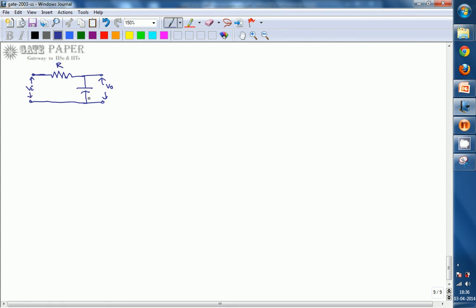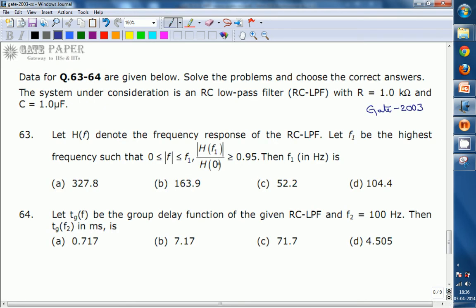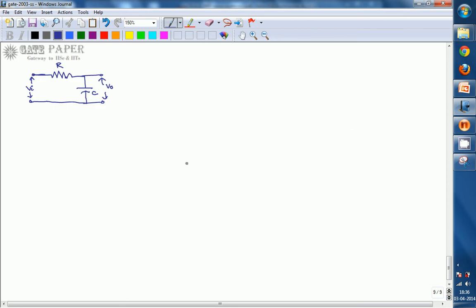Here, we need to find the transfer function from the given low pass RC circuit and find the magnitude of mod H of f1.